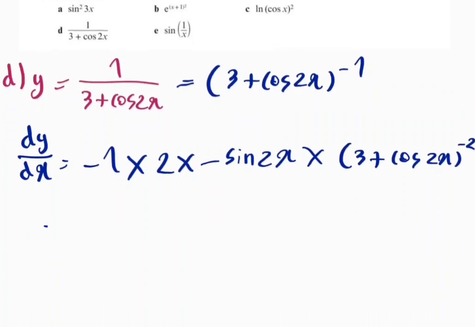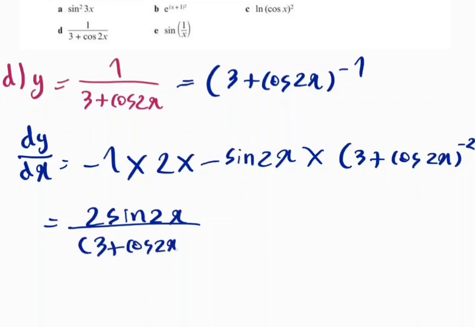Now let's simplify this. We have 2 sin 2x over, since this has a negative power, this goes down to the denominator, (3 plus cos 2x) squared. And that's it.